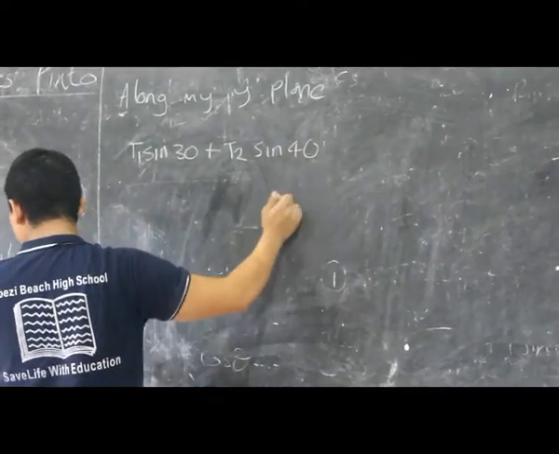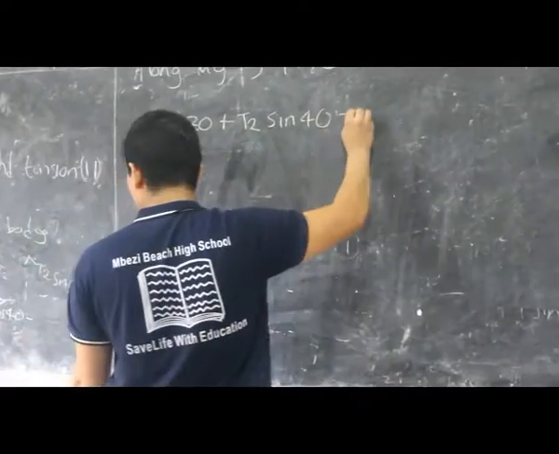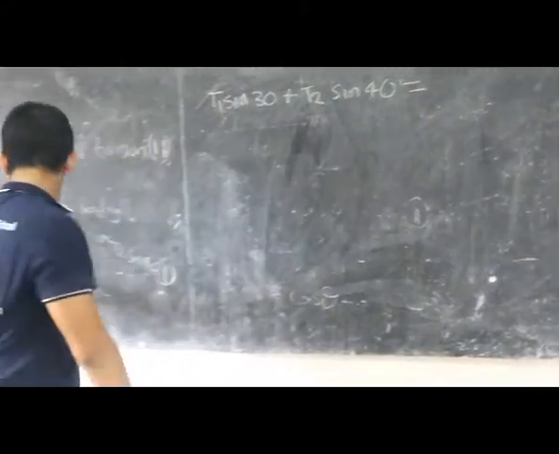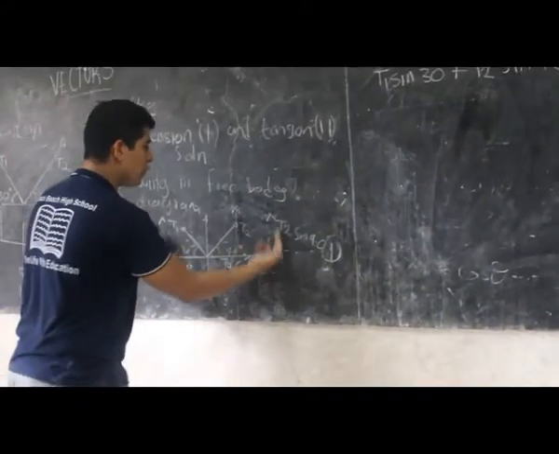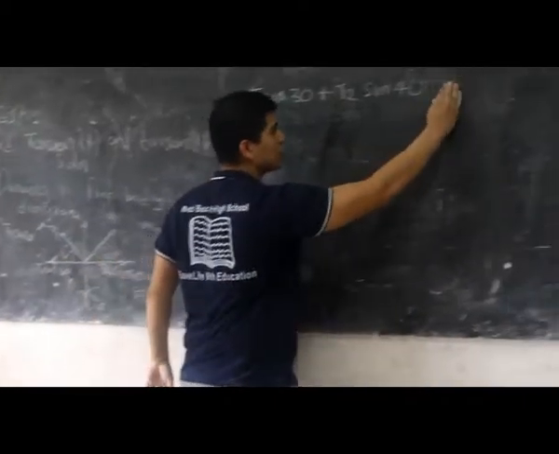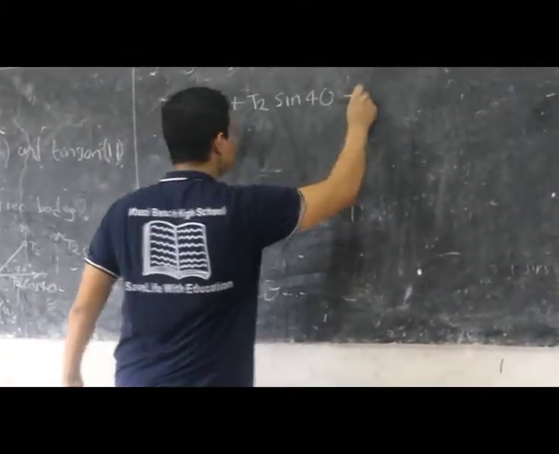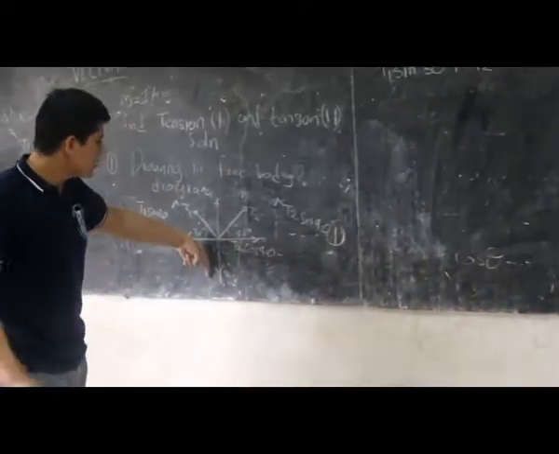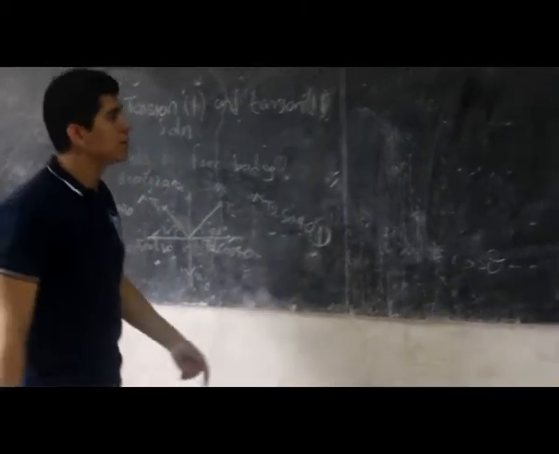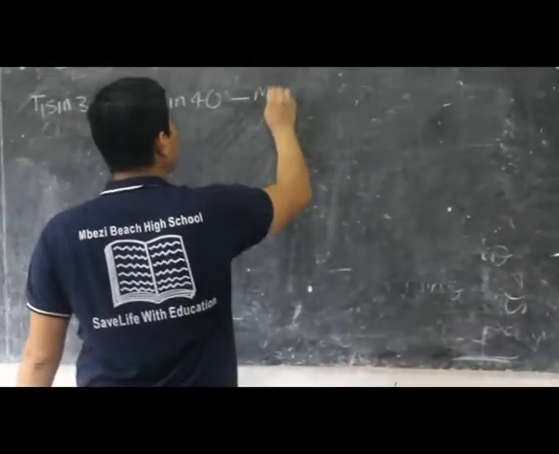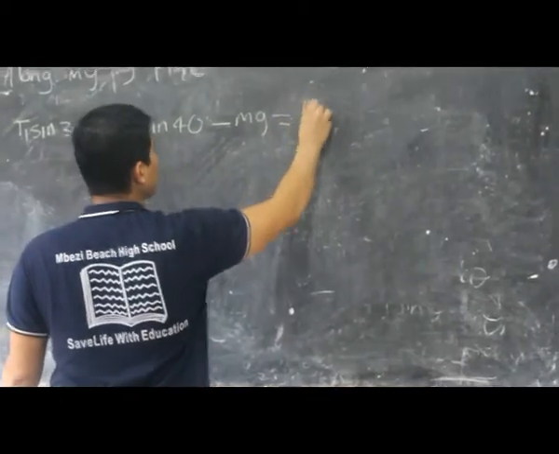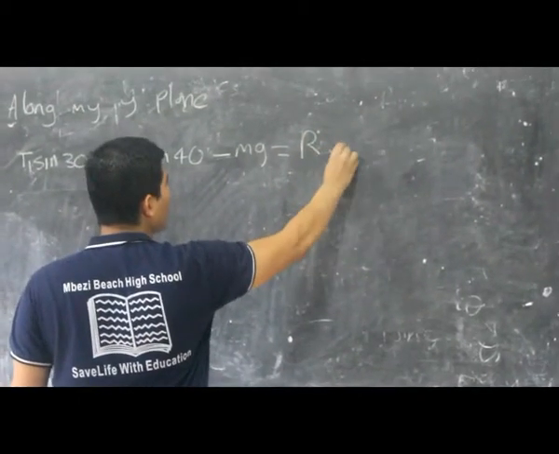Both of them are acting upwards. Let me not say equal, but minus, because here we have mg, which is acting in the opposite direction. So we say mg is equal to the resultant force in the y plane.